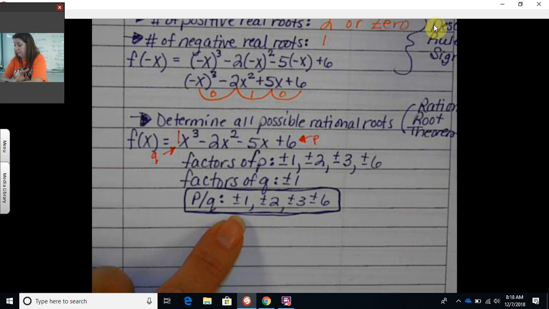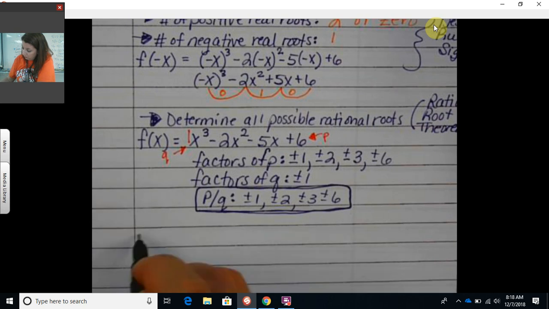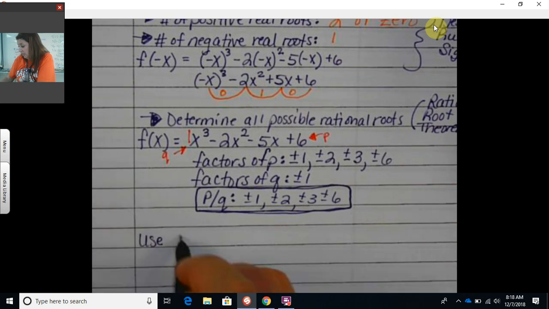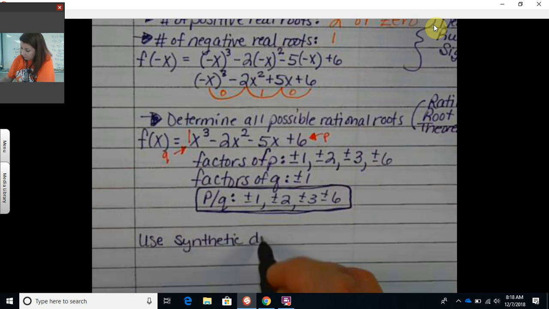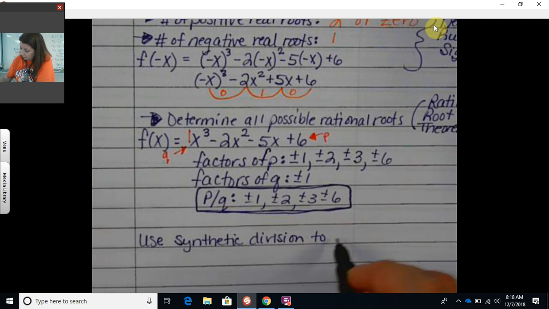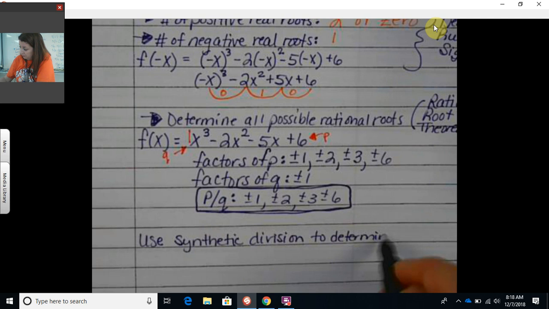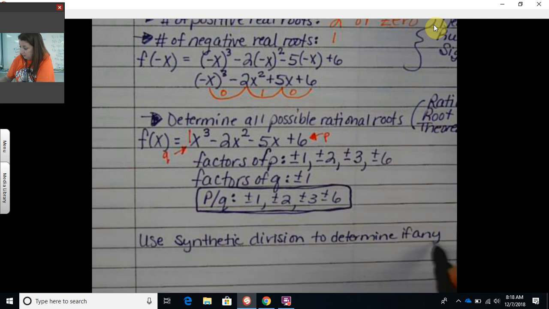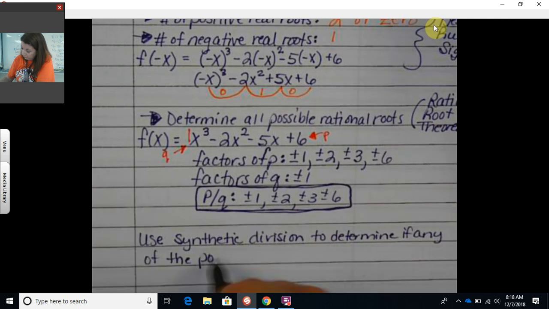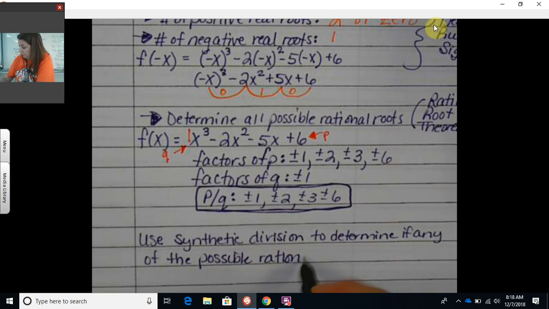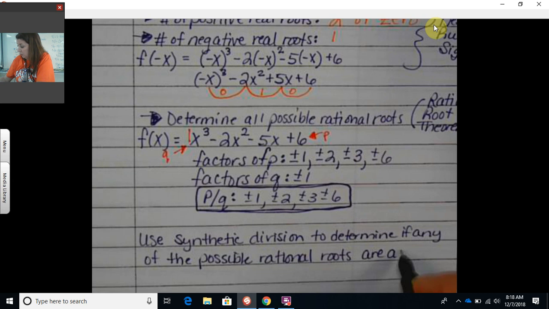So we are going to use synthetic division to determine if any of the possible rational roots are actual roots.